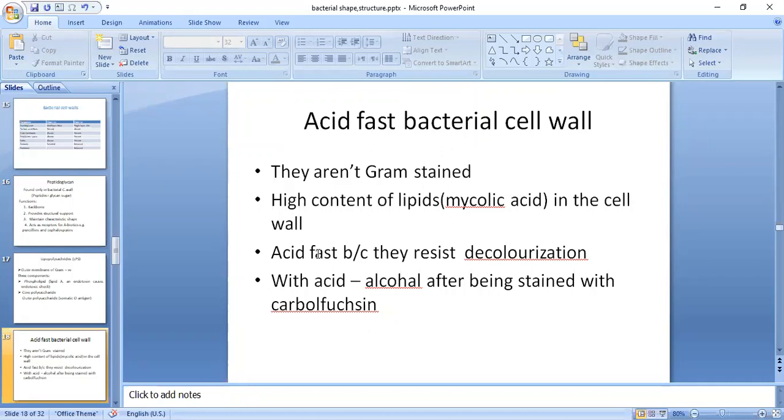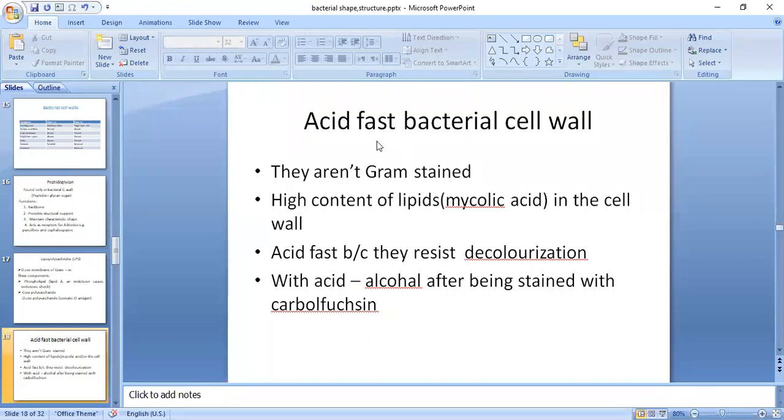Why are they called acid fast? Because they resist decolorization with hydrochloric acid, the acid alcohol combination. So they are not decolorized by the acid alcohol after being stained with carbol fuchsin.